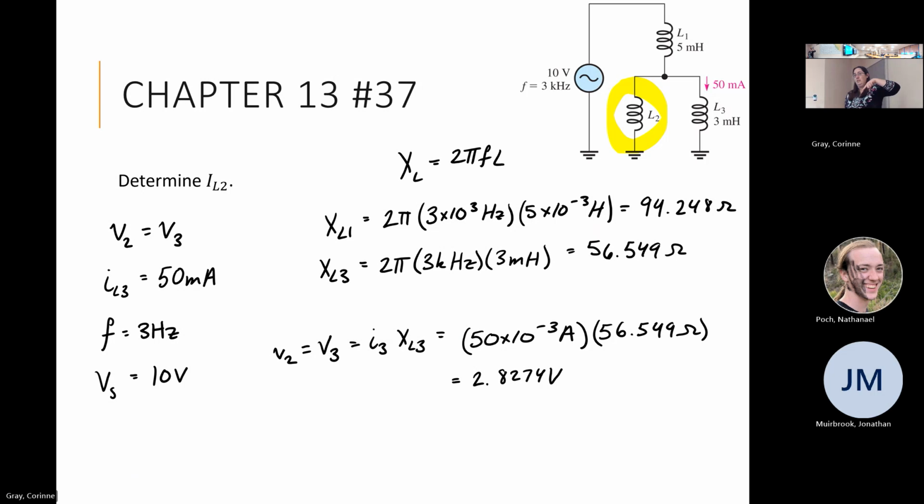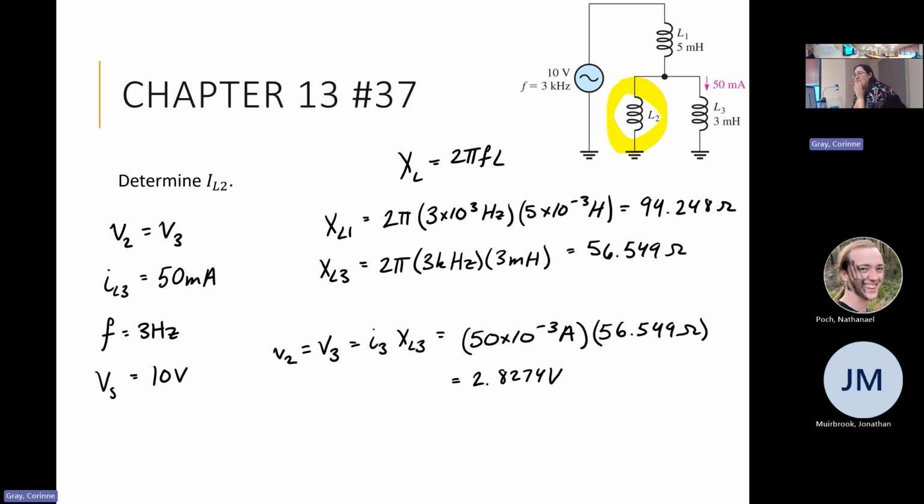L1. So what we technically should probably do first is utilize Kirchhoff's loop law to find the actual voltage across L1. So let's recall what Kirchhoff's loop law states. And your current equals 0. That's the junction one.